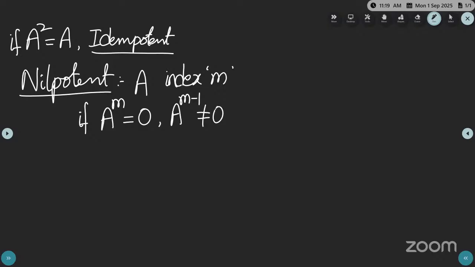Then you can say m is the index and A is a nilpotent matrix with index m. Okay? Right, next.